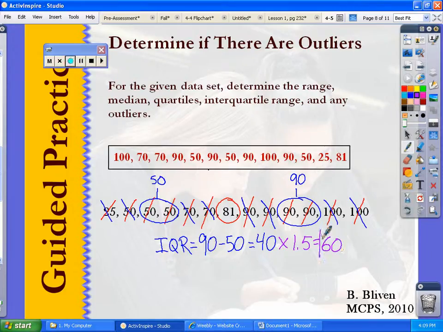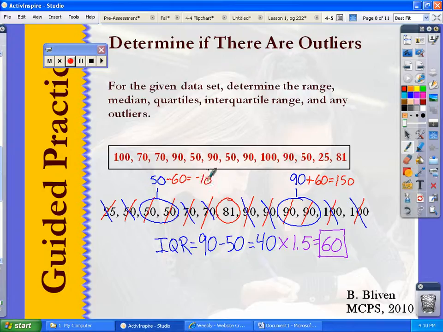It is this number that I am going to add to my upper quartile and subtract from my lower quartile. 90 plus 60 equals 150, and 50 minus 60 equals negative 10.